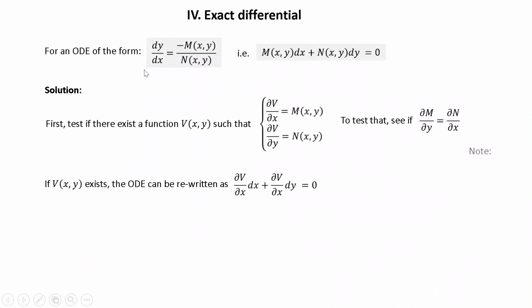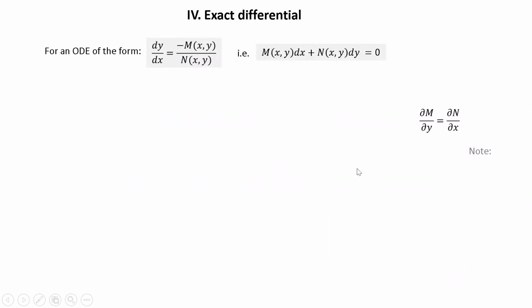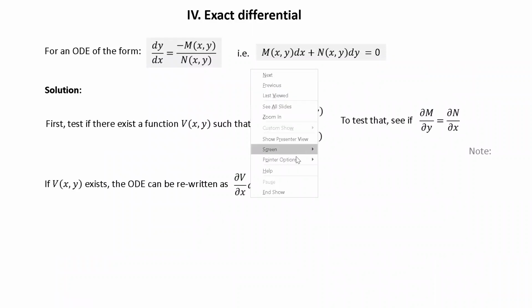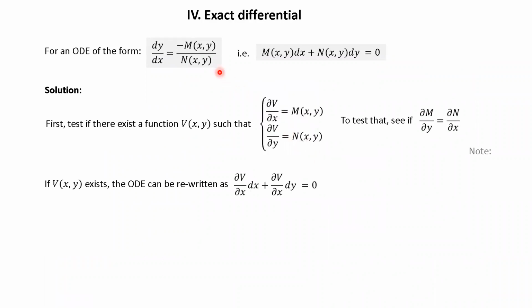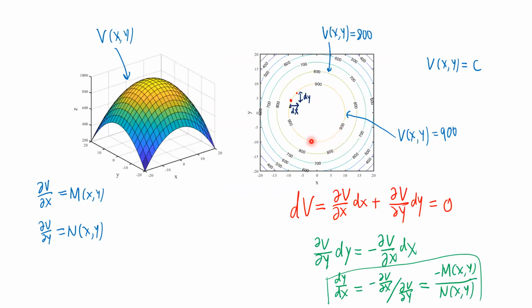If I see an ODE of this form, which is just this one, from this one here, then what we would do is, if we find that this M and this N are indeed the partial derivatives of some function V of x and y, then we know that the meaning of this ODE is finding the equation of the contour lines of this V function.